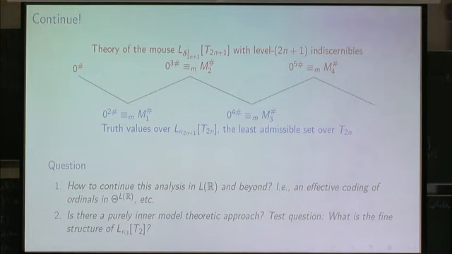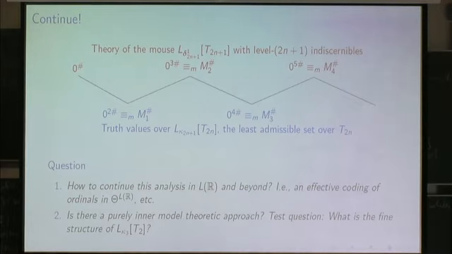And at the bottom level, in the blue colors, we have the even levels of sharps, which are effectively equivalent to the mice with odd numbers of Woodin cardinals. And they are truth values over the least admissible set over the higher level Martin-Solovay tree.